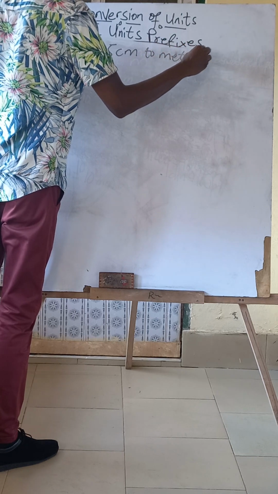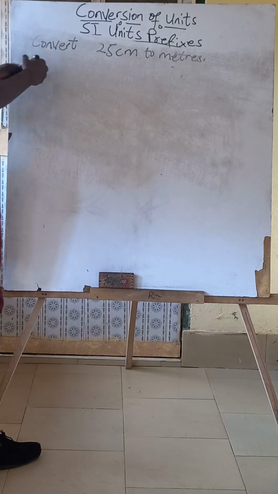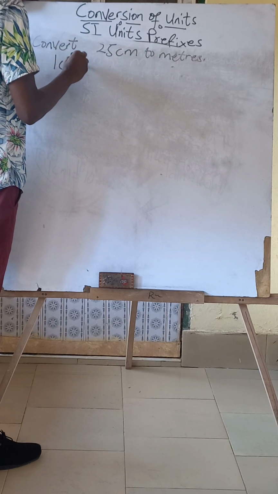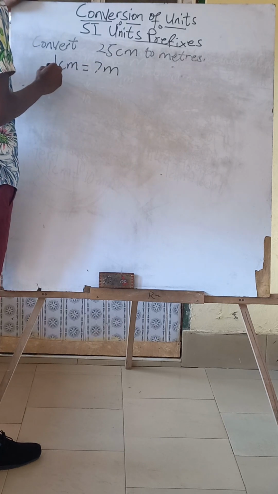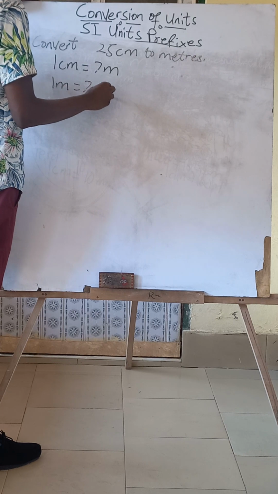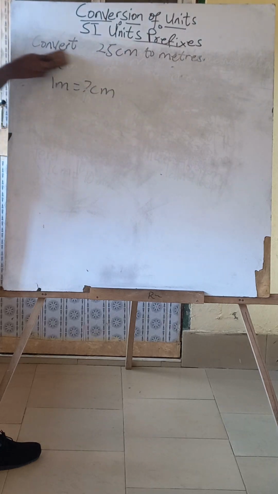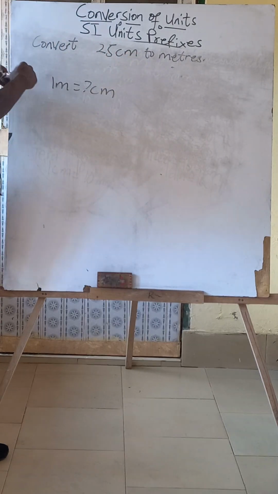Before you can do this, you have to know the relationship between centimeters and meters. So 1 centimeter is equivalent to how many meters? Or you can do it this way: 1 meter is equivalent to how many centimeters? But I prefer we do it this way. So before, you have to know the relationship between meters and centimeters, and that's what we have already discussed.